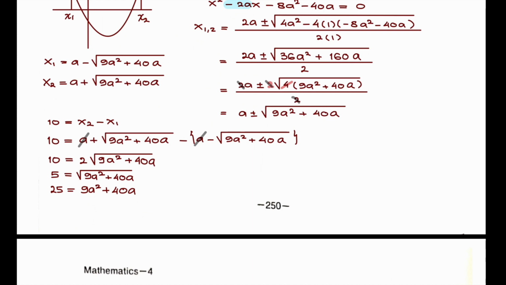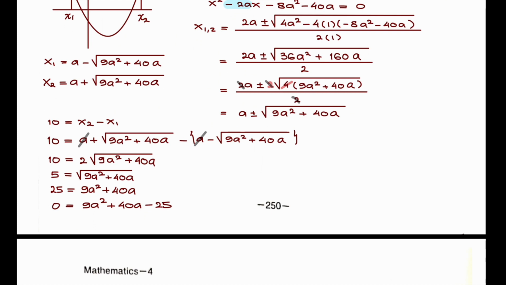You got a quadratic equation here. If you solve this quadratic equation, I think you can factorize it. If you factorize it, let me think, 9 and 5.